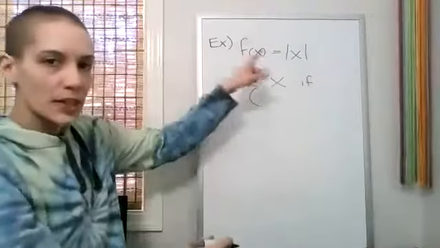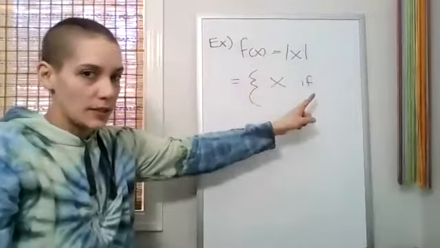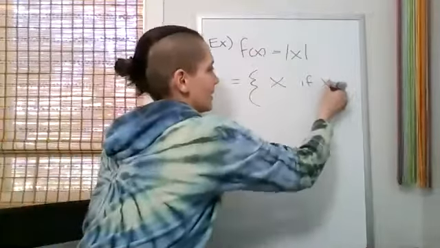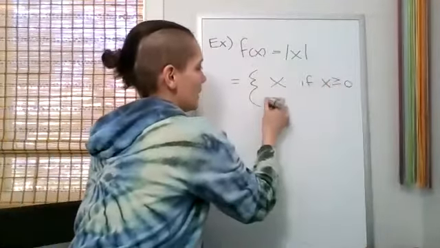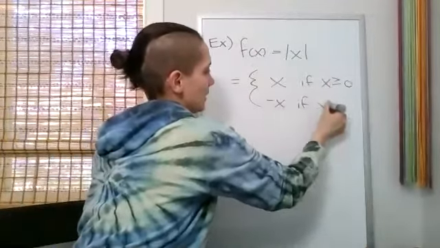Absolute value of x is x if x is greater than or equal to 0, or negative x if x is less than 0.